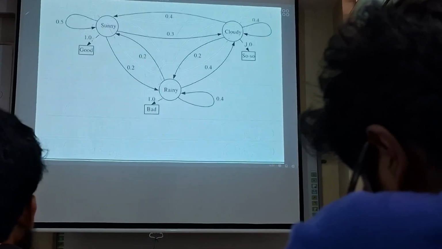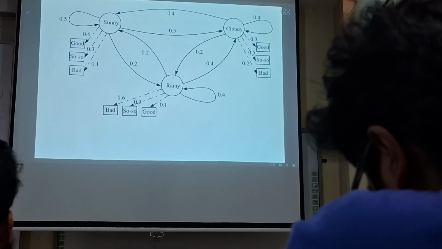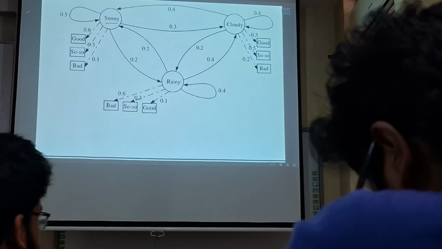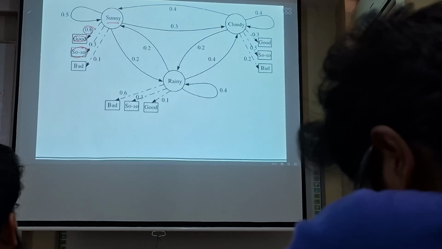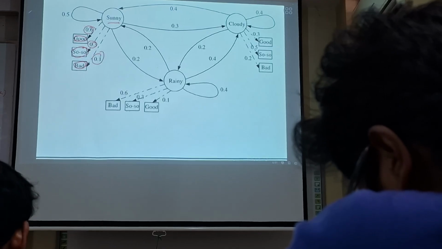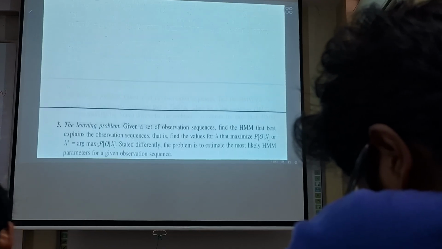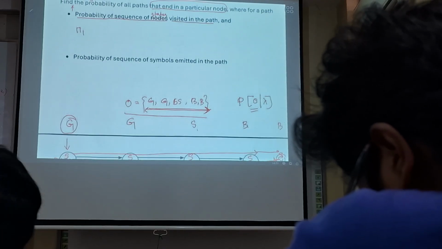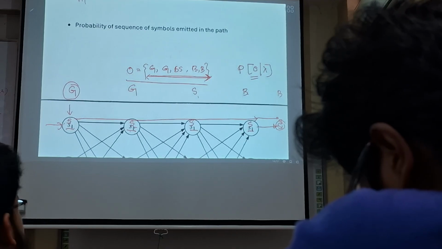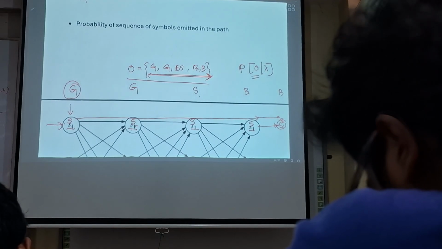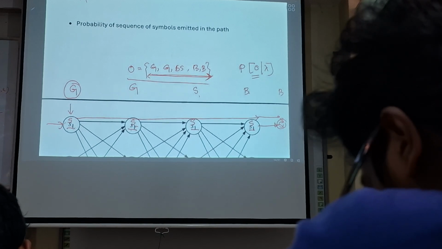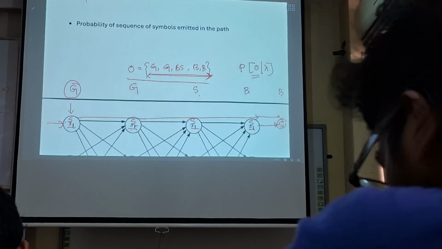We have seen this long ago, where when the chain is in sunny state, this node is going to have probability 0.6, this node probability 0.3, that one probability 0.1, and so on, right? So if we consider that when the hidden Markov chain is in the sunny state, what is the probability that it will be emitting the symbol?